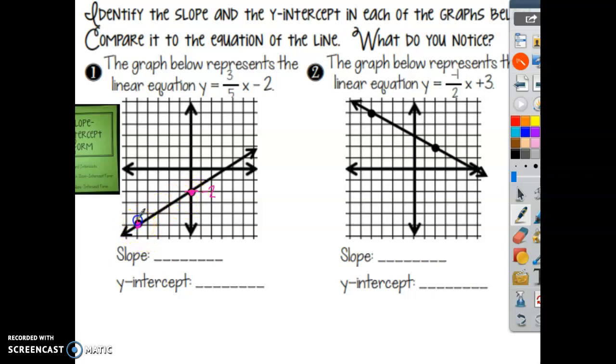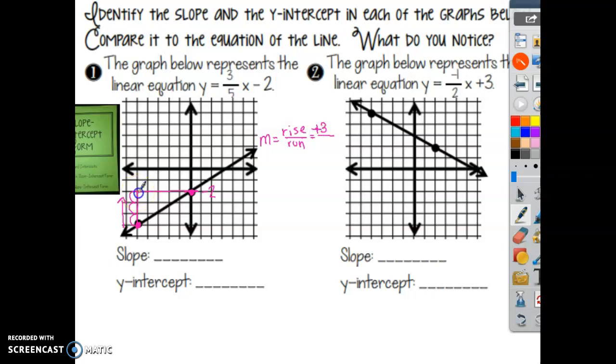So to go from this point to this point, we have to find our m, which is our rise over run, right? Well, how far do we go? We go 1, 2, and 3. Our rise is 3 up. And any movement going upwards is a positive movement. So our rise is +3.